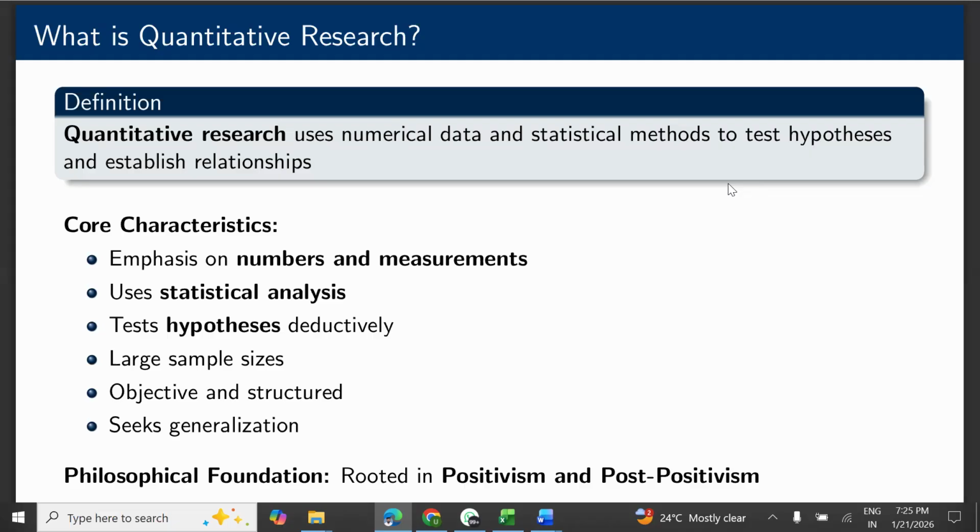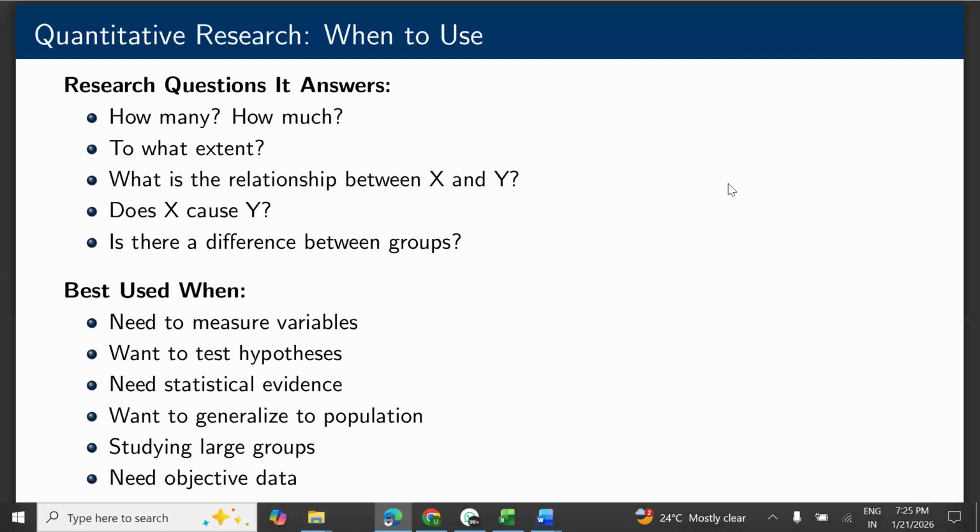It uses statistical analysis, it tests hypotheses deductively, and is basically applied for large sample sizes, and it is very objective and structured. And when you seek generalization from sample data, we use quantitative research. And the philosophical foundation is rooted in positivism and post-positivism, which we discussed on day 1.